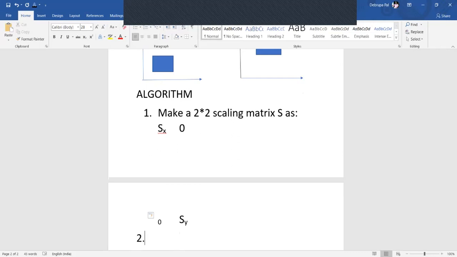Now, let me write the second point. The first step of the algorithm was done.